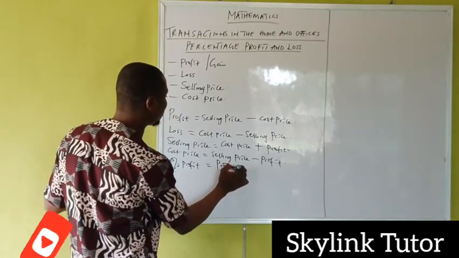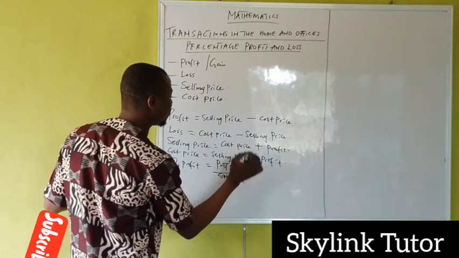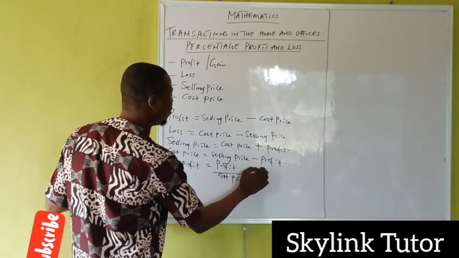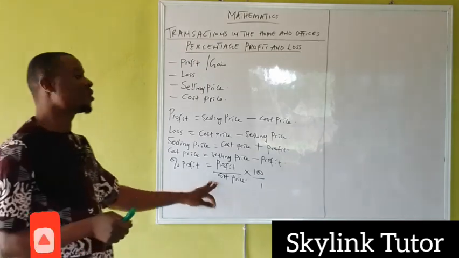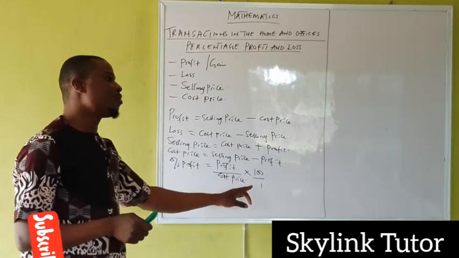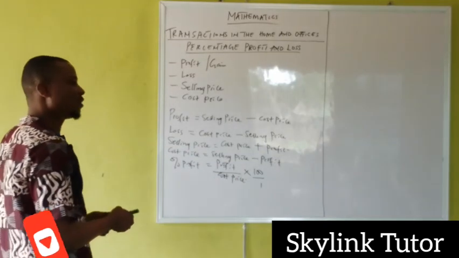Profit all over cost price times 100 over 1. That is what is called percentage profit.